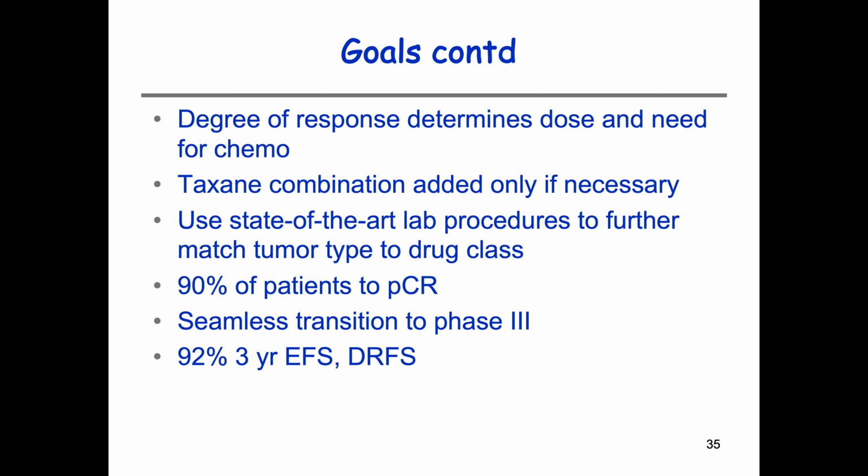And use state-of-the-art lab procedures to further match tumor type to drug class. They want to get 90% of patients to PCR and a seamless transition to phase 3. And then in 3-year follow-up, 92% EFS and DRFS.